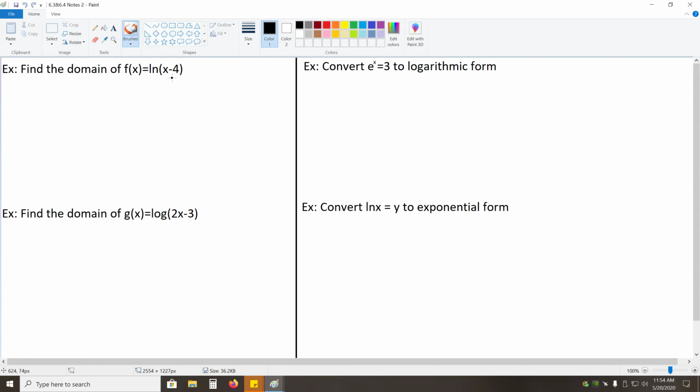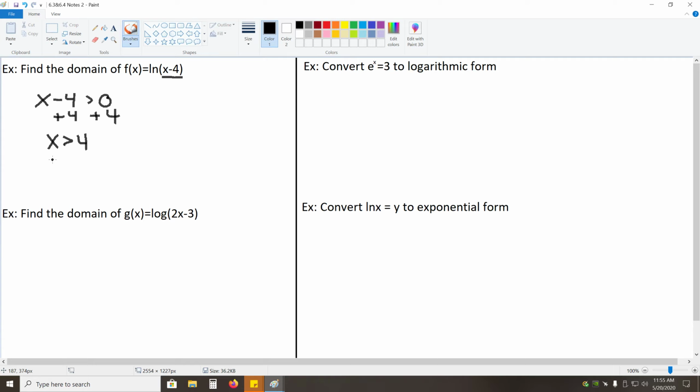So to find the domain of a log, you take what is inside of the log, in this case x minus 4, and you note that it has to be greater than 0. So solving for x, we'll add 4 to each side, which gives us x has to be greater than 4.